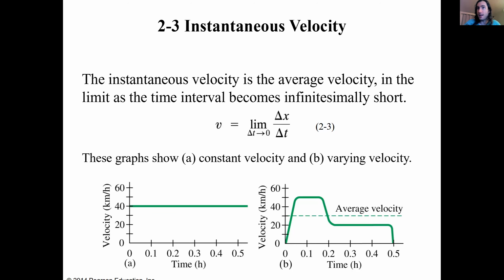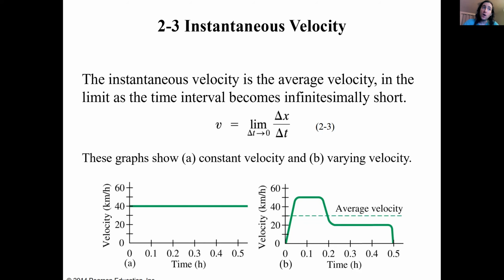It's a flat line, right? That means it's the same for all time. It looks like 40 kilometers per hour there. I just wanted to make sure I got the units right on that. The velocity is 40 kilometers per hour all the time. That means the average is 40, and that means the instantaneous at any time is 40, okay?